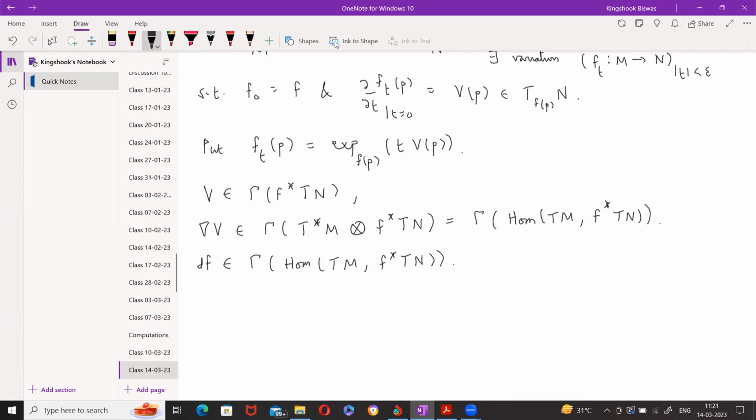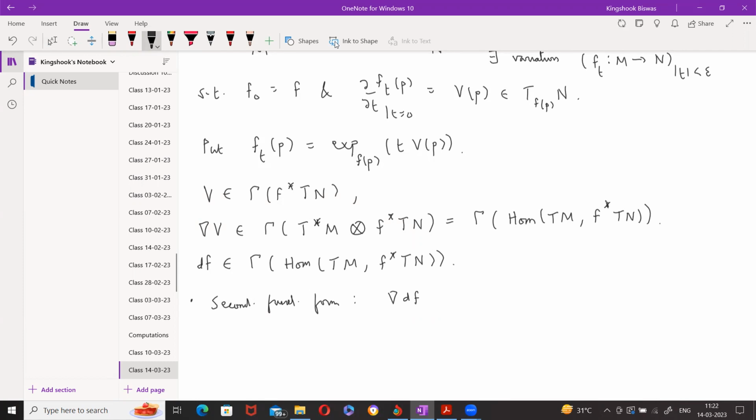Okay. So now let us work out the first variation of energy. Let me recall the second fundamental form. This is nabla dF, right?